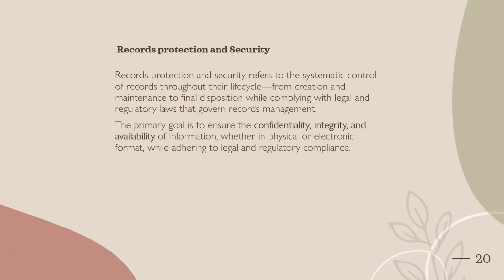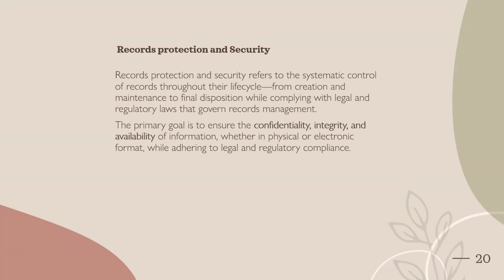When we are handling these records and trying to protect them and ensure that they are secure, we need to do all that within the legal and regulatory laws that govern records management, not only for NDU University, but for the government of Uganda. Because we are also accountable to the government of Uganda concerning the records that we keep in our offices.